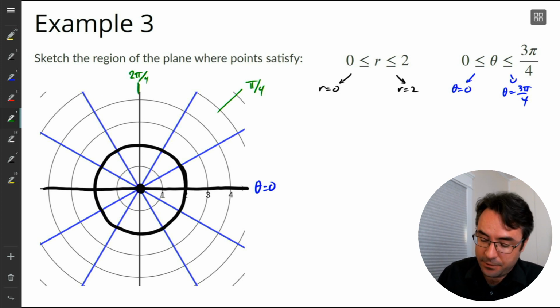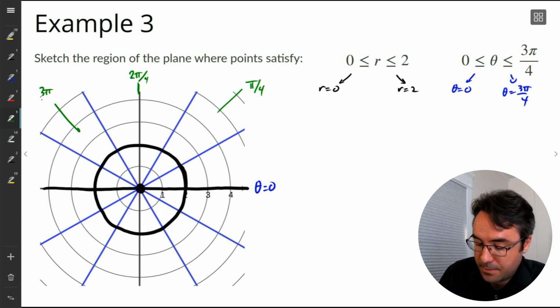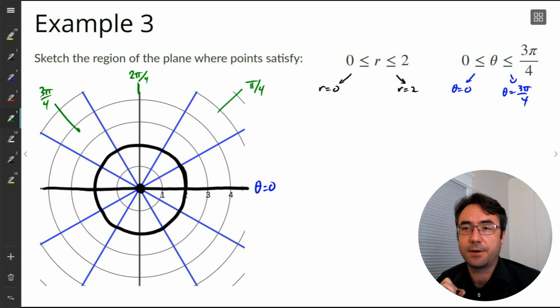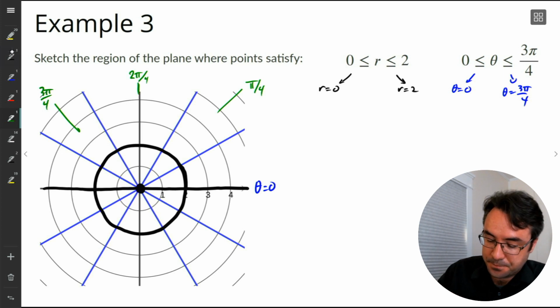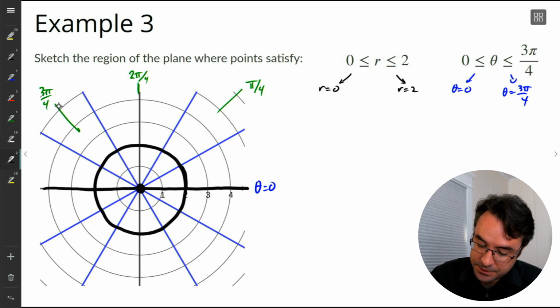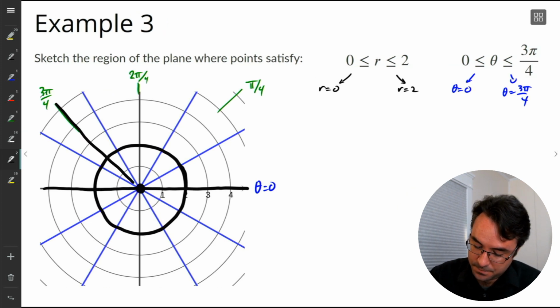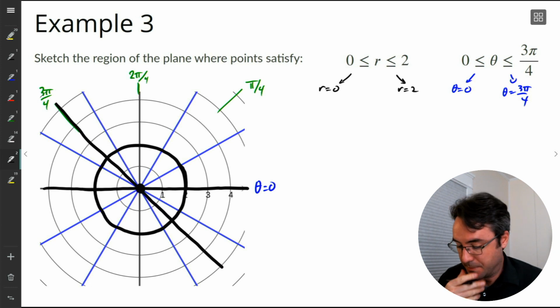So then 3 pi over 4, if we go one more, it's going to be over here. So 3 pi over 4 is going to be right here. And so this is going to give us another line.